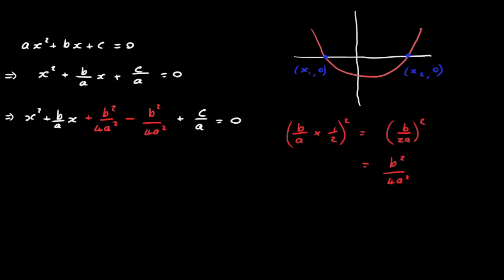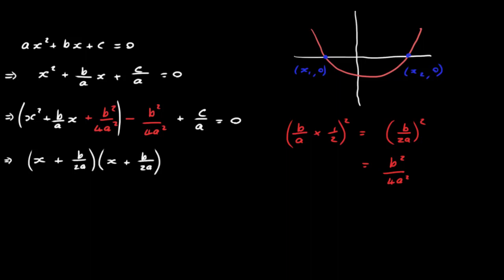What I'm going to do next is take the first 3 terms here and factorize those. So what you'll find is that'll become x plus b over 2a times x plus b over 2a.